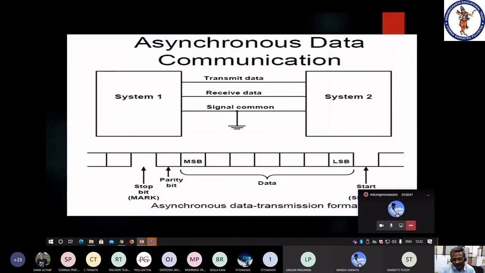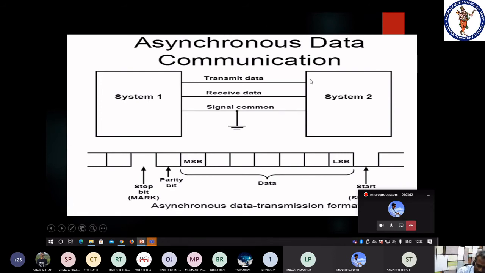Any idea, in digital communications especially? Okay, anyway, leave it. Bit rate is the number of bits per second. Baud rate is the number of samples per second. But in the case of binary encoding techniques, in a binary system, baud rate and bit rate are both the same.